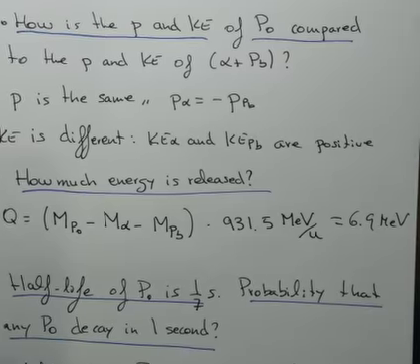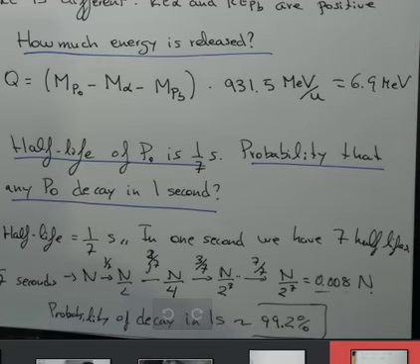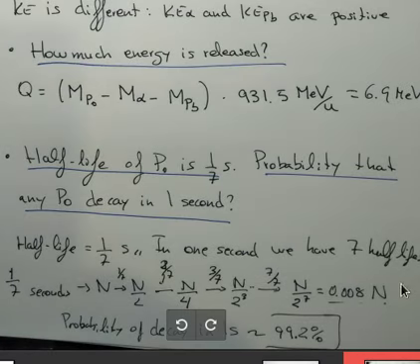And the last part, they say that if the half-life is 1/7 seconds, what is the probability that any polonium decays in 1 second?